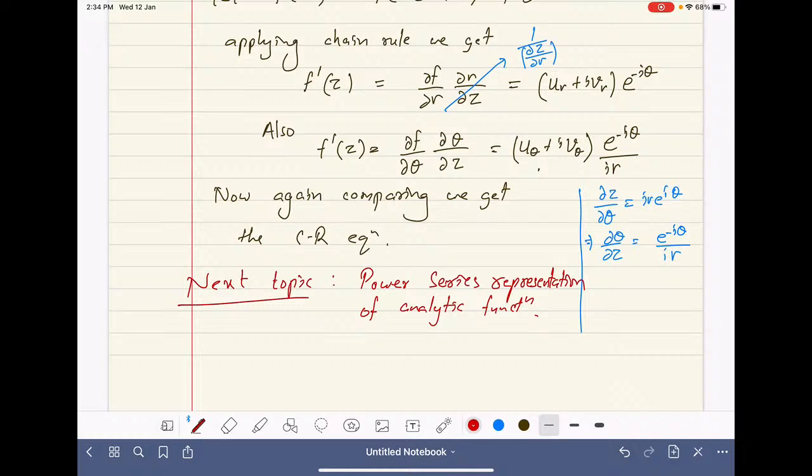There is a requirement for that, which is sequence and series, which we have not covered yet, so we will do that in the next class. After that we will study power series.